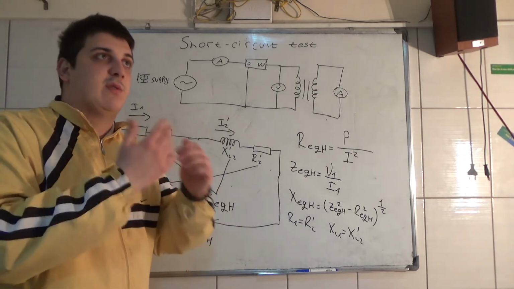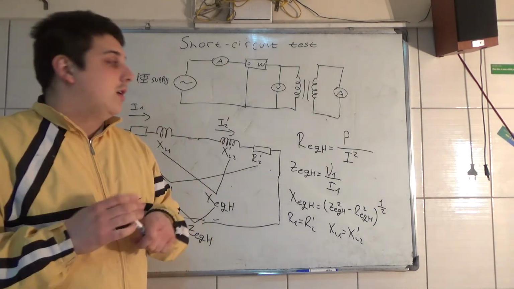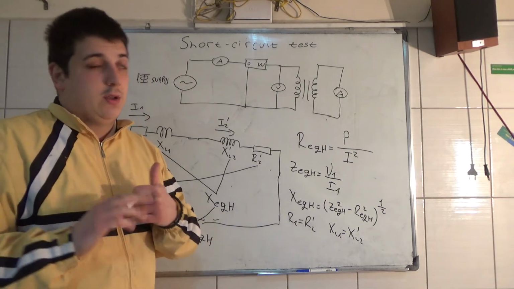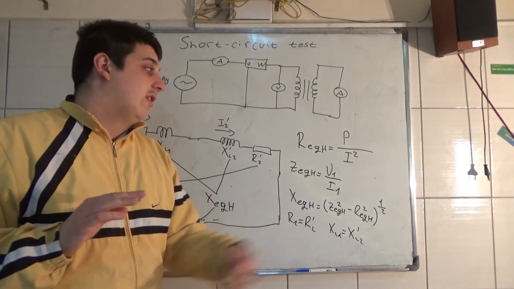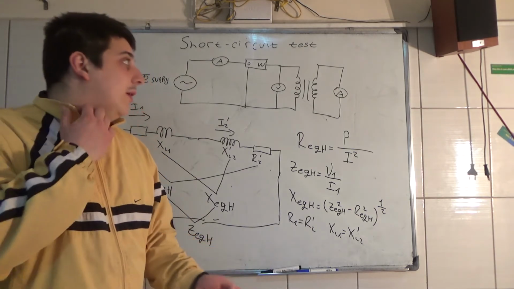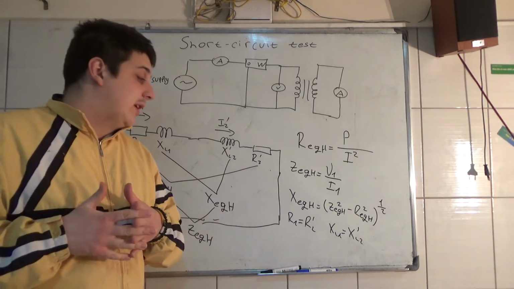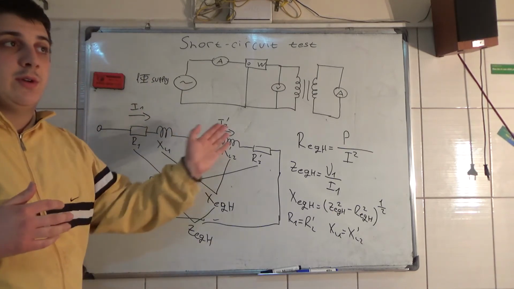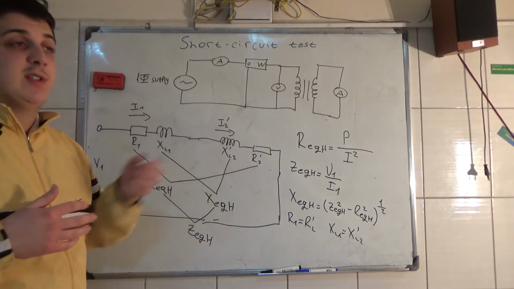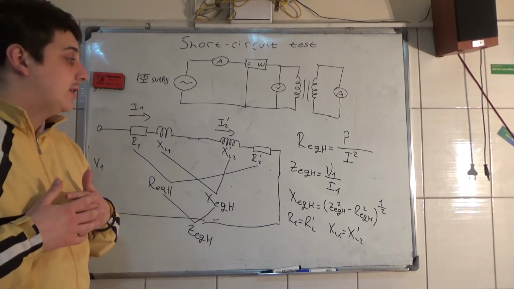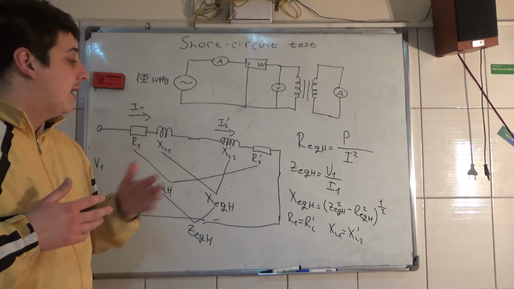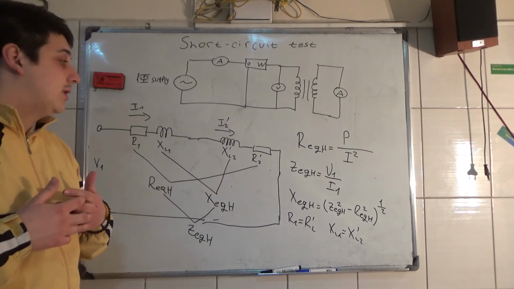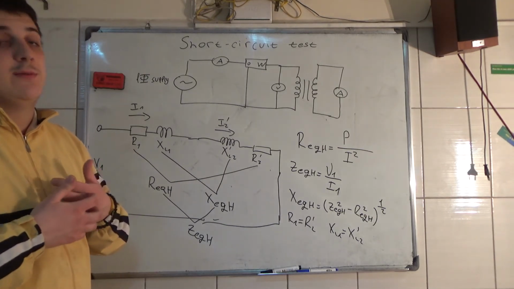You know that a is squared, but in a well-designed transformer you always want these to be equal. So that was the short circuit test. We can calculate the resistance and the transferred resistance of the low voltage side, and we can measure the reactances of the flux leakages in the transformer.